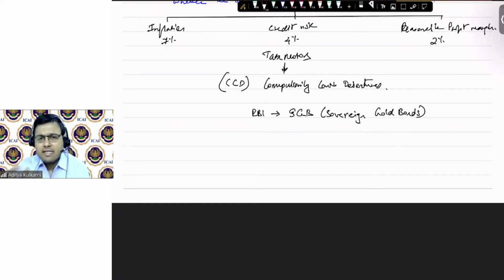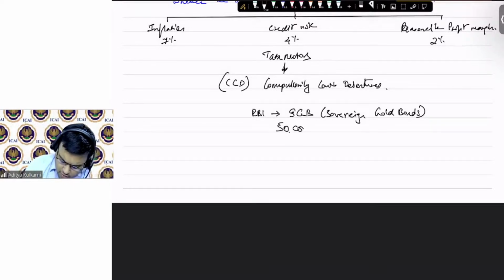And at the time of redemption, the return that will accrue to you will be dependent on the gold price that was there at that point of time. So for example, you have invested 50,000 rupees in sovereign gold bonds.